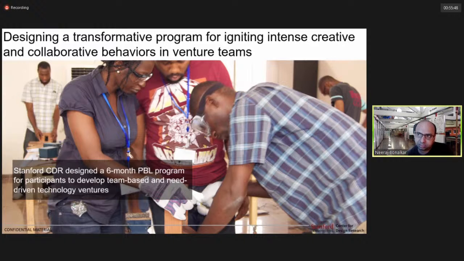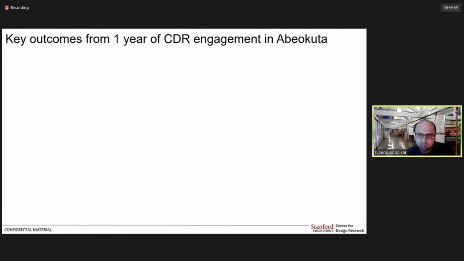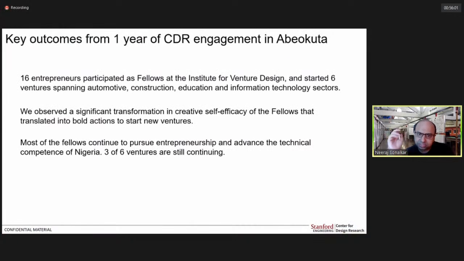And we created a 6-month program, which actually enabled new transformative behaviors in these teams. And the key outcomes of this program were, we worked with 16 entrepreneurs, started 6 ventures spanning multiple domains: automotive, construction, education, information technology.